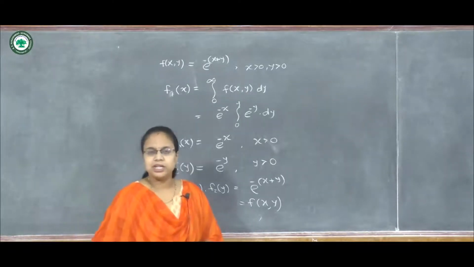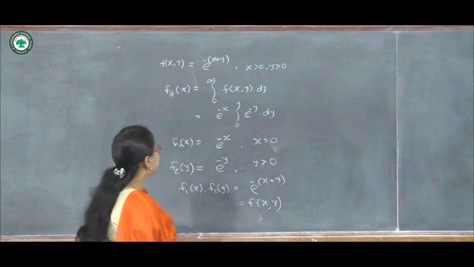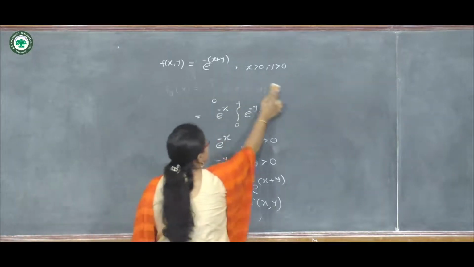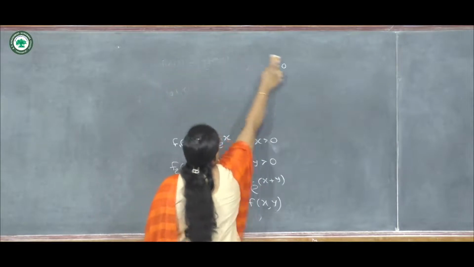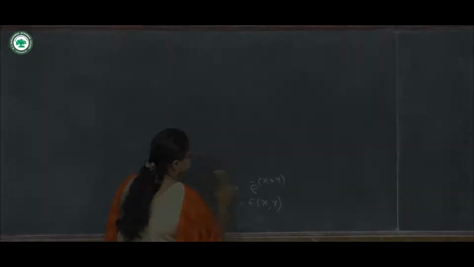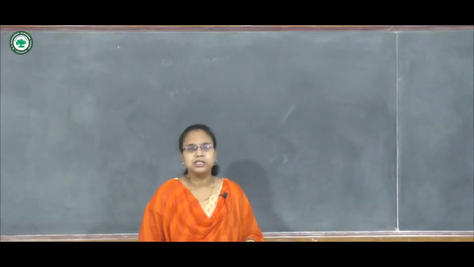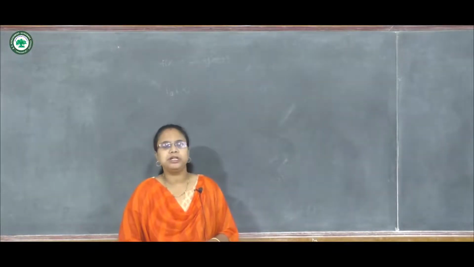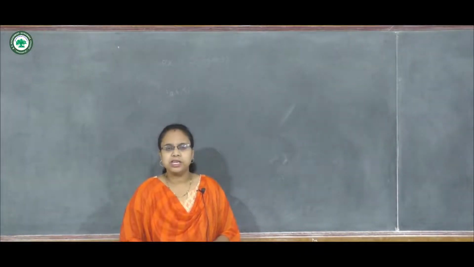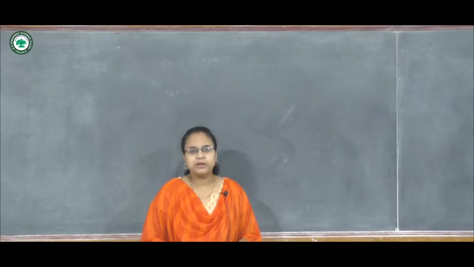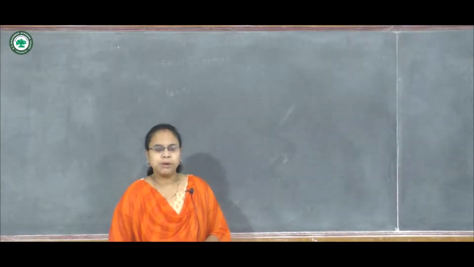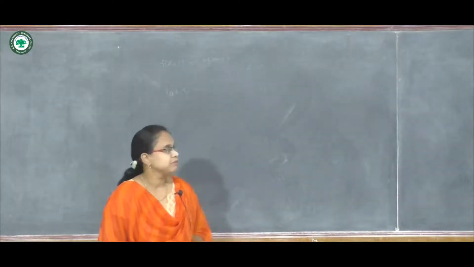Similarly, we can check this for many examples of a given joint PDF. Let's see the next concept, which is expectation, mean, variance and moments. How can we calculate the moments from a bivariate distribution?